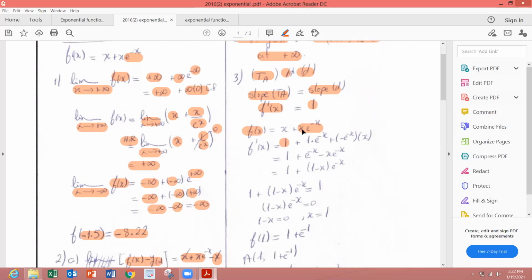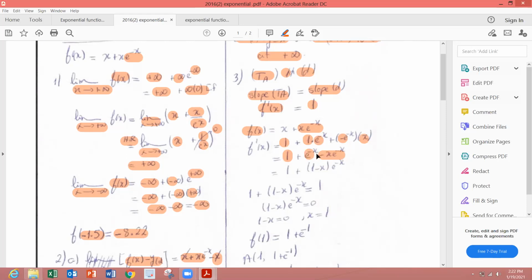For u dot v: u prime is 1, times v, plus v prime, the derivative of the exponential of minus x. First I take the derivative of minus x, which is minus 1, times e itself, minus e to the minus x times x, which equals 1 plus e to the minus x minus x e to the minus x.